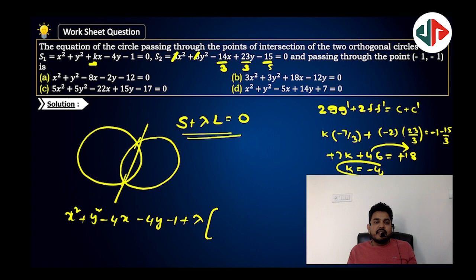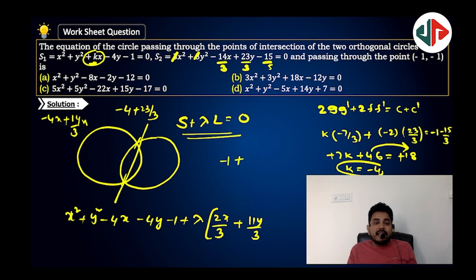So this is minus 4x minus of minus 14 by 3 x, so it is equal to 2x by 3. It is minus 4 plus 23 by 3, so minus 12, so plus 11y by 3 minus 1.